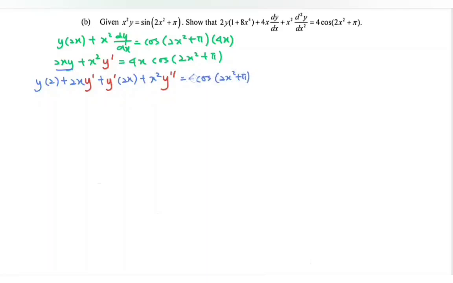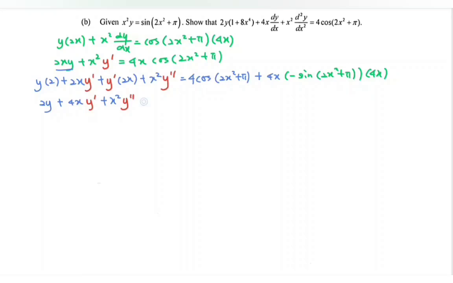Differentiate the 4x, and we will have the 4. Plus, we have the 4x. If we differentiate the situation, we will have the negative sine bracket 2x squared plus pi. Kindly differentiate the internal function, and we will have the 4x once again. Rewrite the situation. So in here we have the 2y, and then in here we can say 4x, and then we have the y prime. Continue. We have plus the x squared, then we have the y double prime.